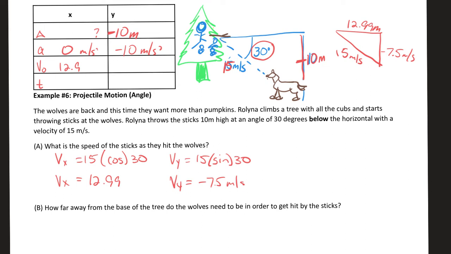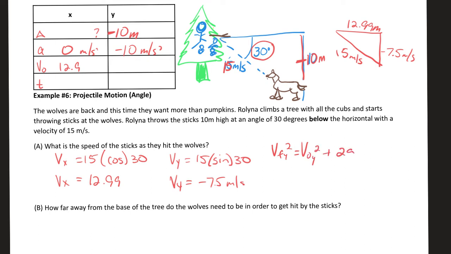So we're looking for the speed of the stick, so hang on, we're not quite there yet. I don't think we need time. No, we don't. We just want final velocity. So I do have the right formula, and if we do it this way, I don't need time.